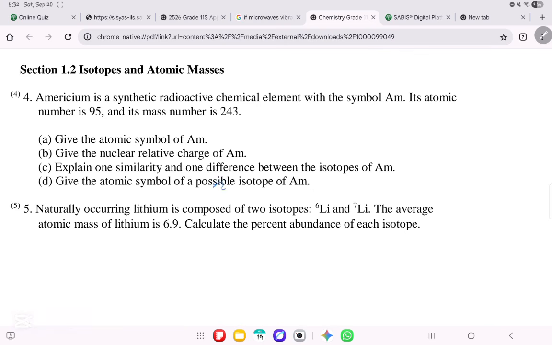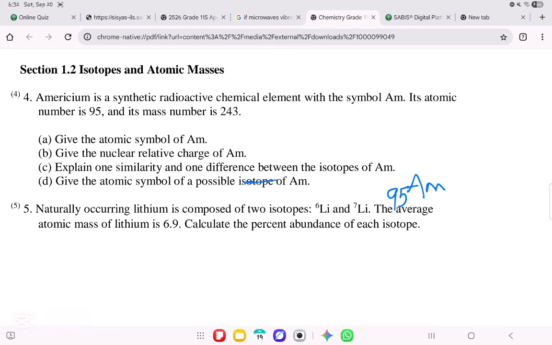Give the atomic symbol of a possible isotope of Am. So let's take Am. What did we say about isotopes? Isotopes have the same atomic number. That means if the atomic number of Am is 95, then every single isotope of Am will have 95. Now, regarding the mass number, what also happens in an isotope?